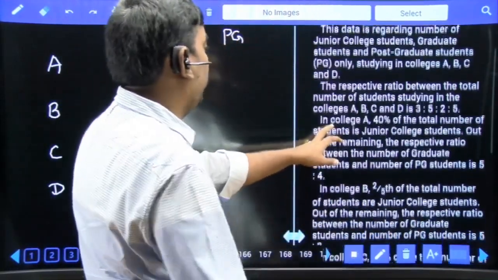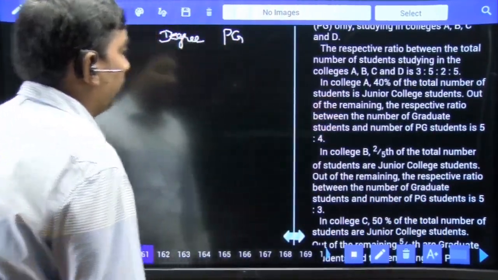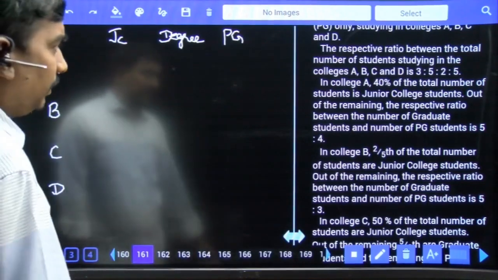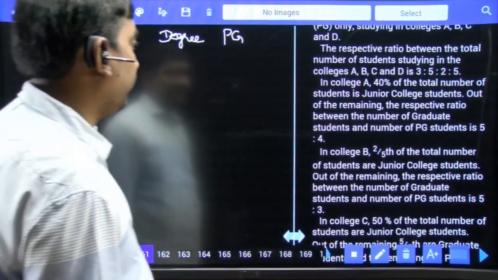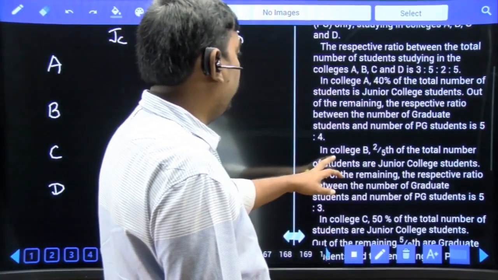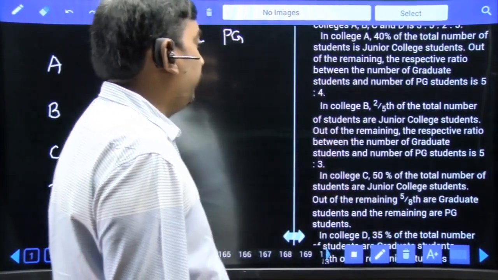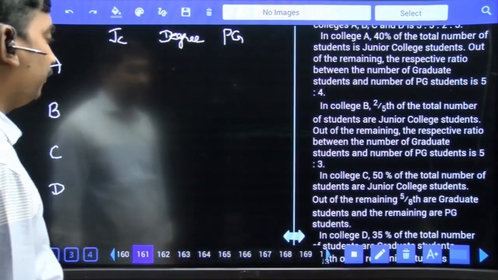The respective ratio between the total number of students studying in colleges A, B, C, D is 3 : 5 : 2 : 5. In college A, 40% are junior college, and the remaining ratio between graduate and PG is 5 : 4.